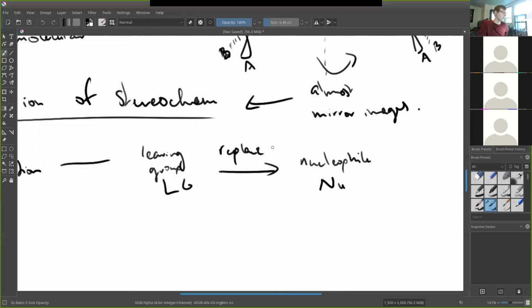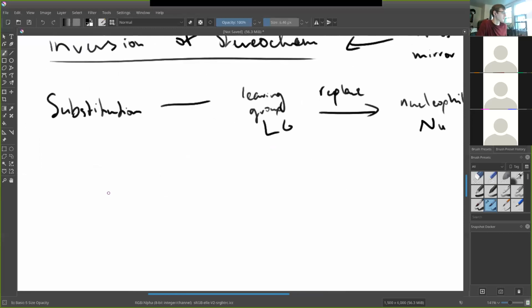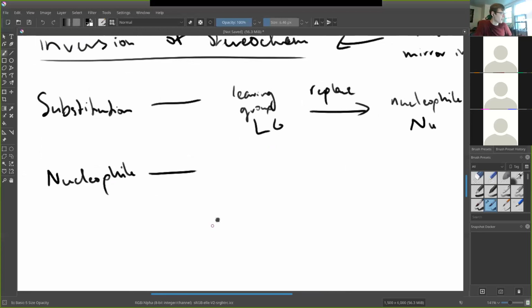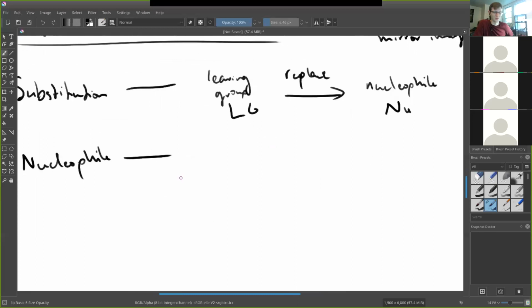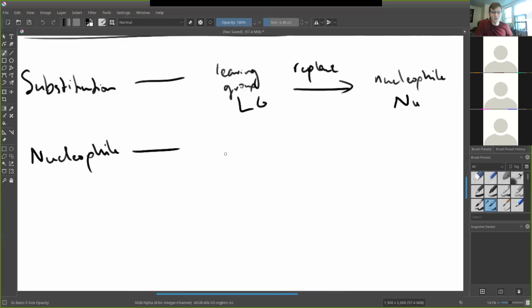All right. So I've been saying nucleophile this whole time. What does that actually mean? Well, if you know Greek or whatever this comes from, this is something that really likes positive charges.